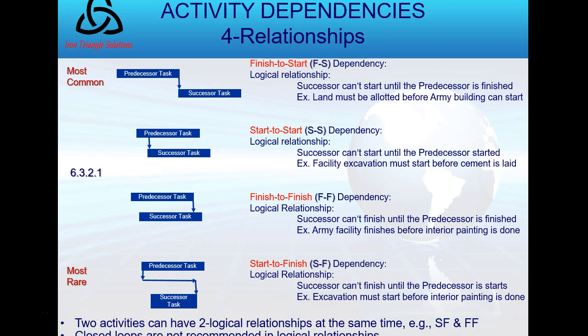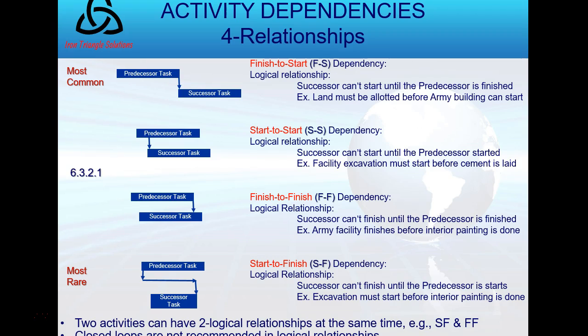So when you had to wake up this morning before you could go to work, you must finish one before doing the other. Then there's start to start. So the successor at the bottom of that example, the middle of the slide, can't start until the predecessor has started. Once the predecessor has started, the successor can start. And I give examples there.